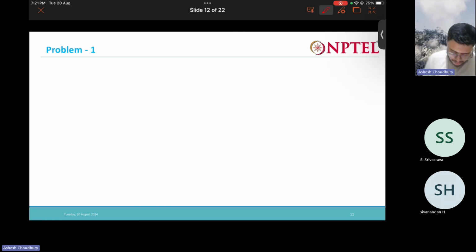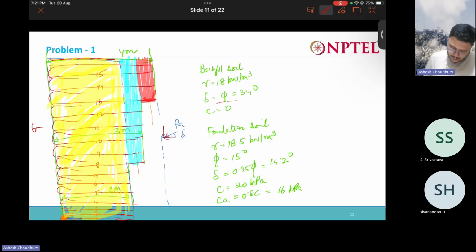Then plus W2. This width is 1 meter, times this height from here to here. What is this height? 6 minus 7 layers below, 7 into 0.3, so 3.9 meters.